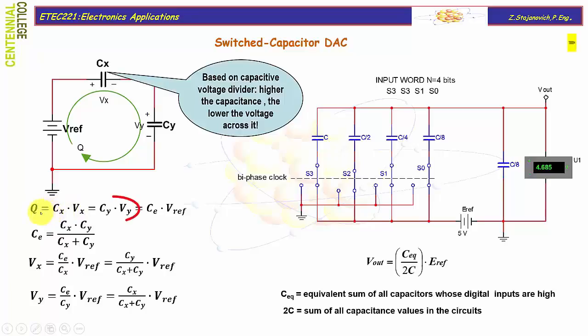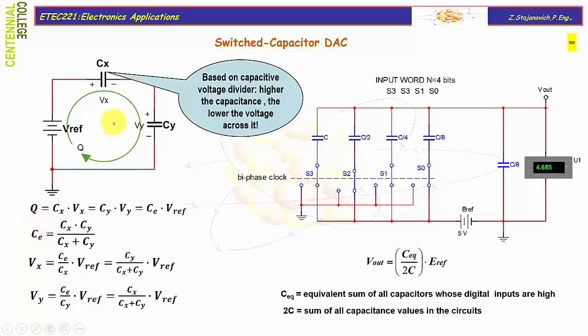So if we equalize the electrical charge, on capacitor Cx you will have Cx times Vx, and it must be equal to the charge on capacitor Cy, which is Cy times Vy. Or if we substitute those two capacitors in series with the equivalent one, then the voltage Vref will appear across it, so the product Ce times Vref designates the same charge.